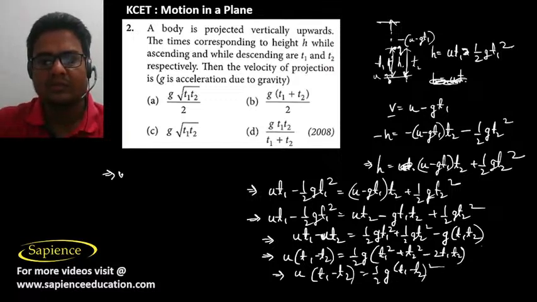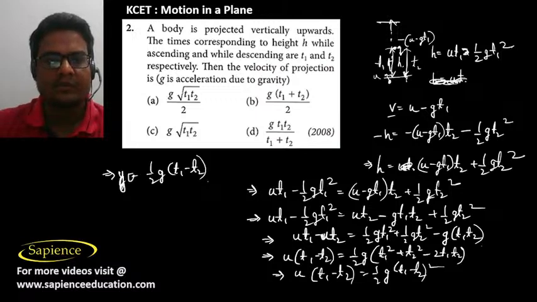Therefore u will be equal to half g into t1 minus t2. So velocity of projection, okay.